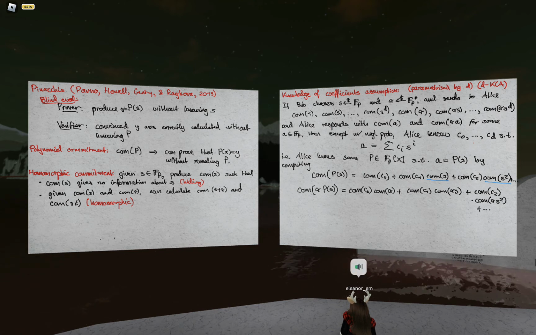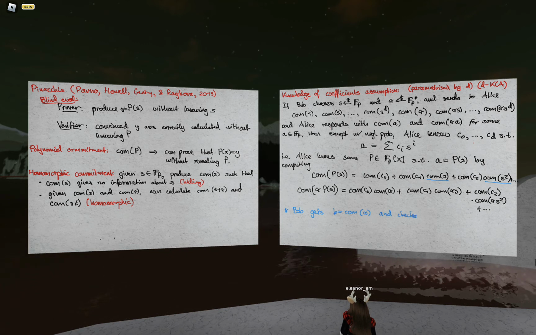And what does Bob do? Of course, Bob gets a commitment, a black box commitment. He doesn't know what it is, but he can multiply it by alpha. Yes, let's say B equals com A, and checks that alpha B equals the commitment to alpha A that he was expecting.